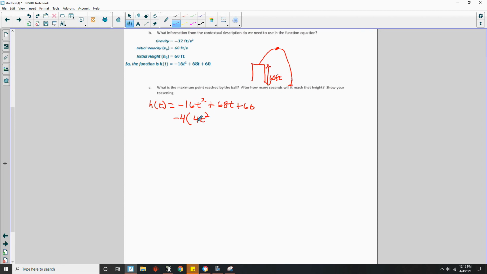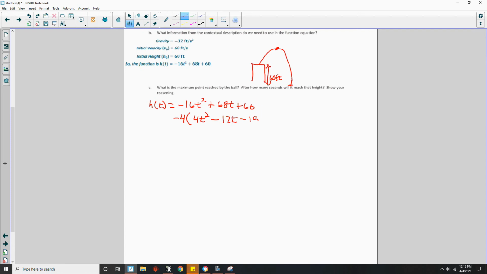Negative divided by negative is positive. 68 divided by 4, and it's positive divided by a negative, so it's minus. 4 goes into 6 once with a remainder of 2, and 4 goes into 28 7 times. And then finally, oops, not plus, positive divided by a negative is negative. 4 goes into 6 once with a remainder of 2.